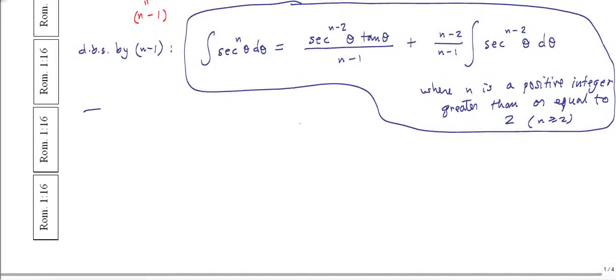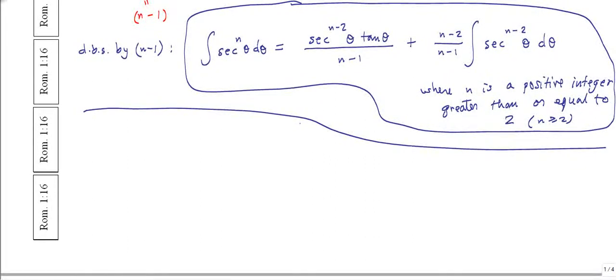So let me draw a line here. So for example, suppose that n is identically 2. If n is identically 2, then let's go ahead and apply this here.